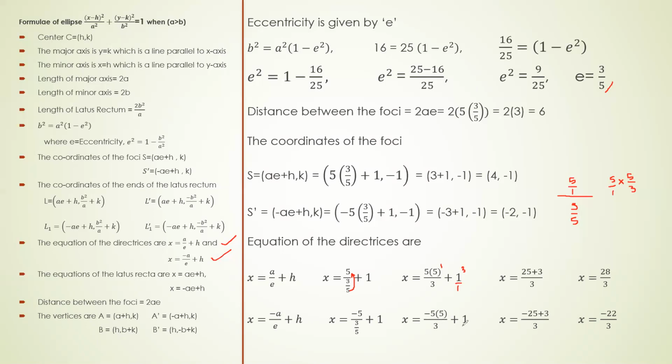Again, we'll take LCM, so here 3s are, and this is 1s are. So it is minus 25 plus 3 divided by 3. So minus 25 plus 3 will be minus 22 divided by 3. So this is the equation of directrices.